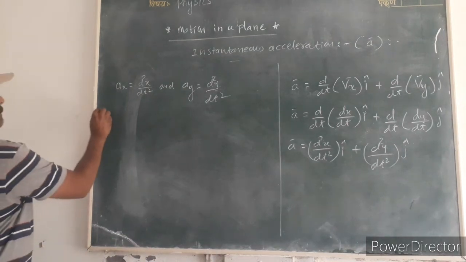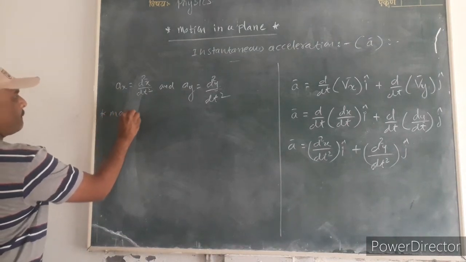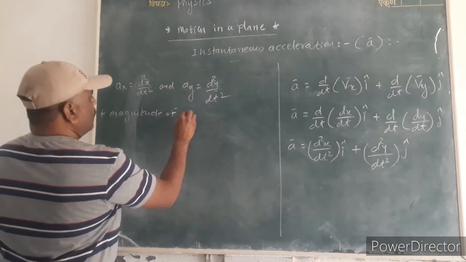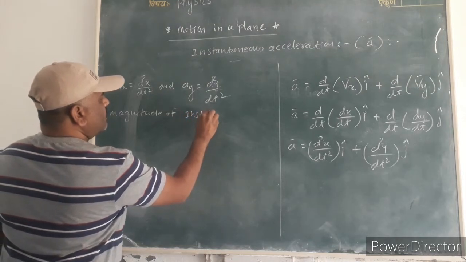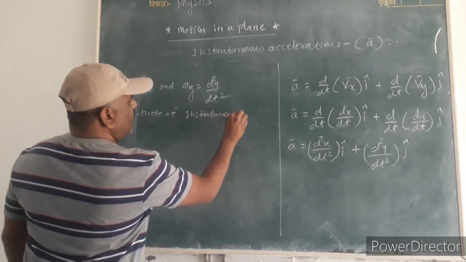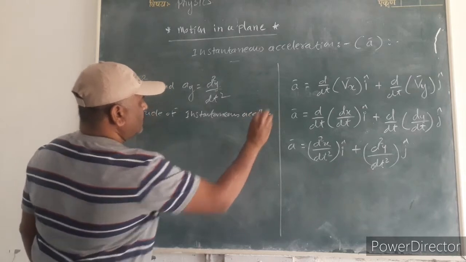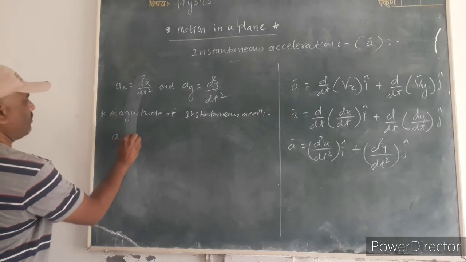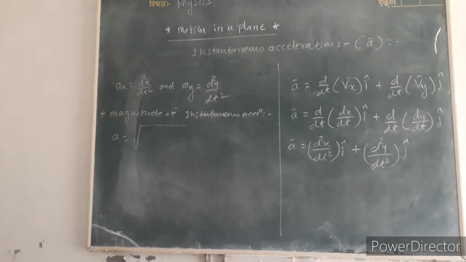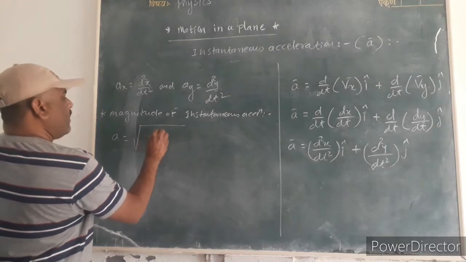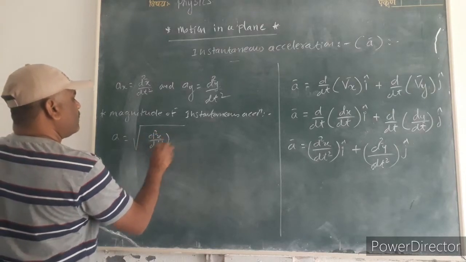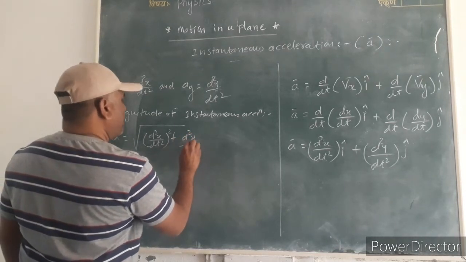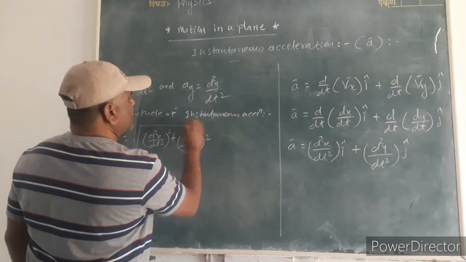Now the magnitude of instantaneous acceleration is given as a is equal to under root [d square x upon dt square] square plus [d square y upon dt square] square.